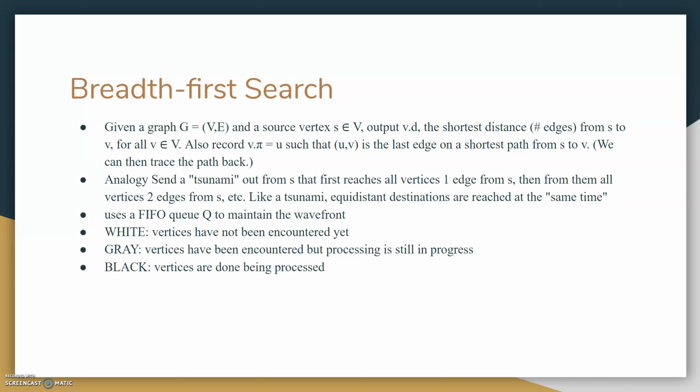Maybe you just reached it from another vertex, but it still has edges that can reach other vertices, so you leave it as gray and visit it later. Once the vertex is done being processed, it becomes black. It's just a way to symbolize which vertices you have visited and which you have not in the breadth first search.